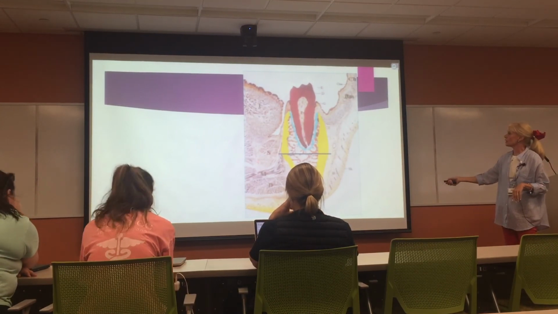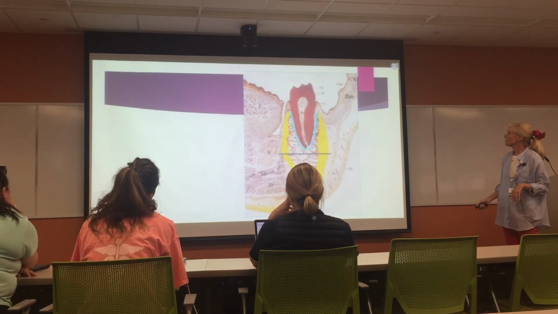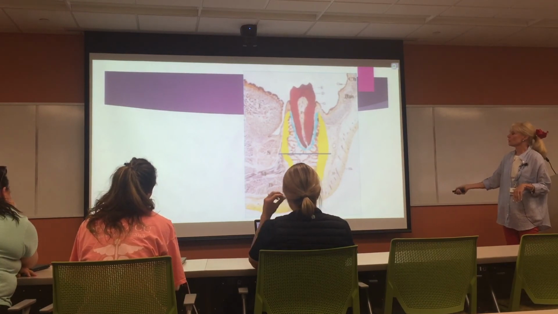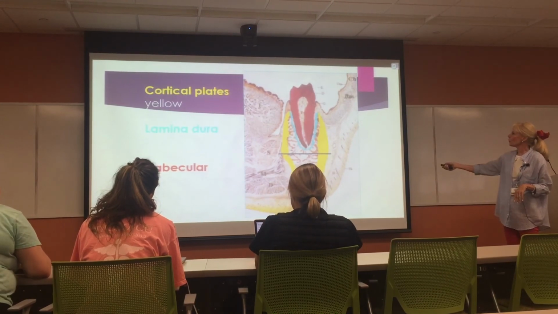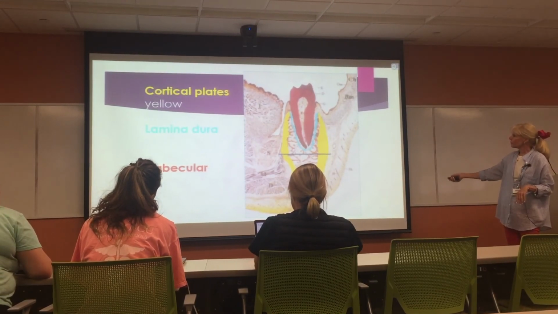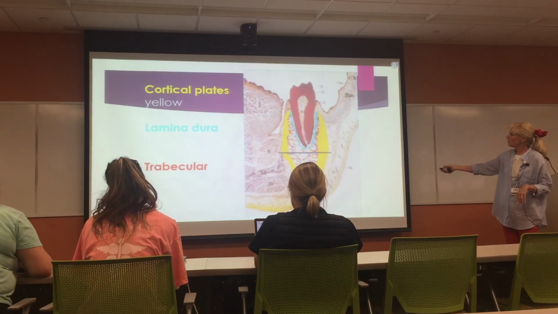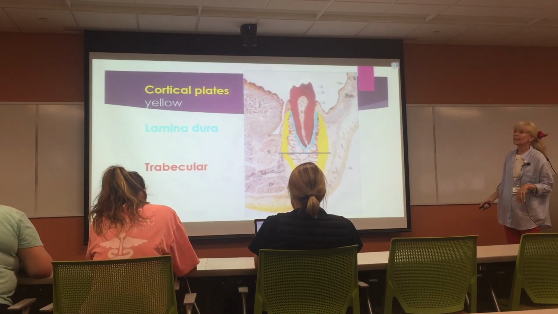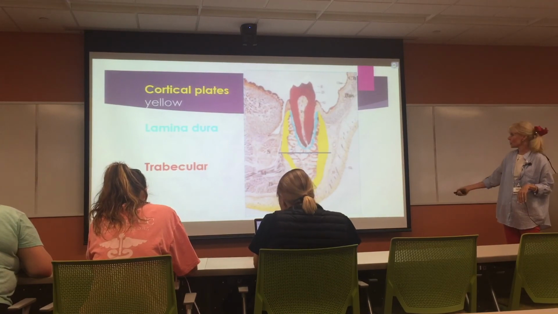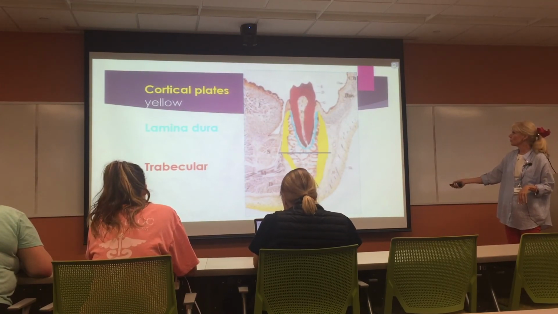What's above the line and below the line? Right, and basal bone. Yes: cortical plates, lamina dura, trabecular bone in here. So it's alveolar process above the line. And then this is called basal bone.